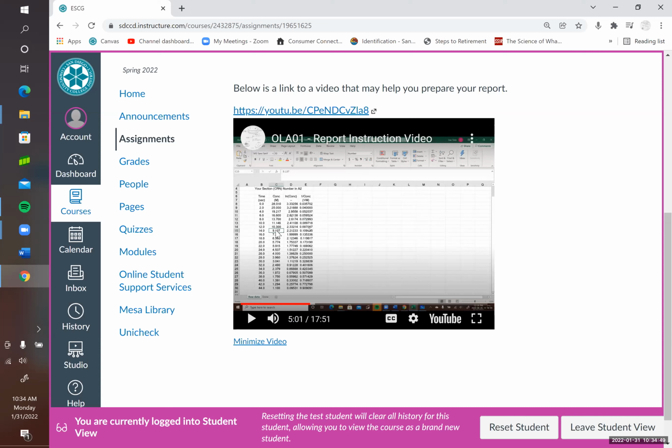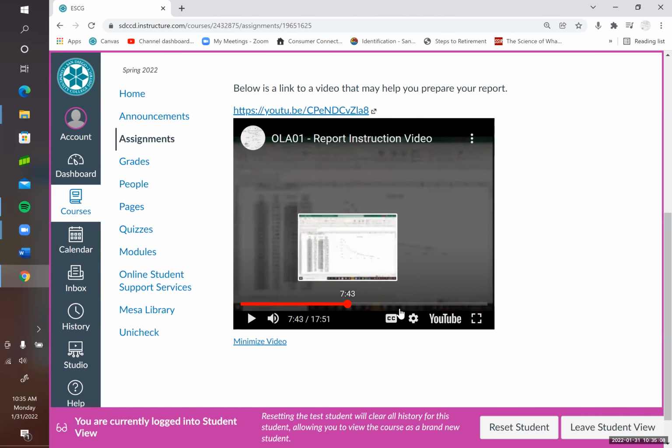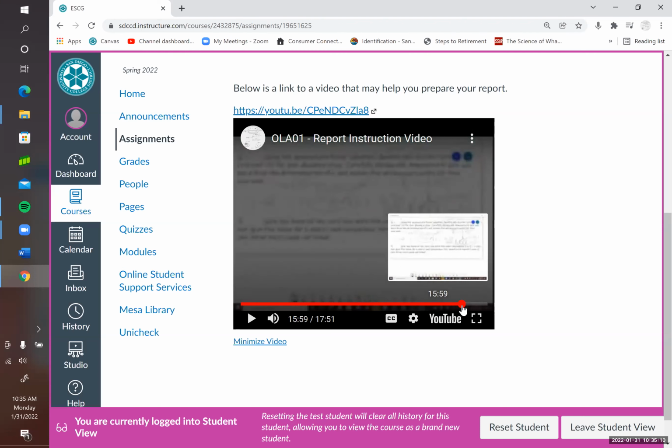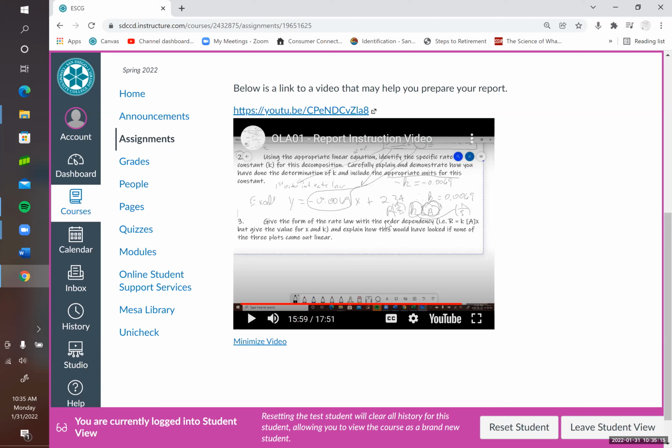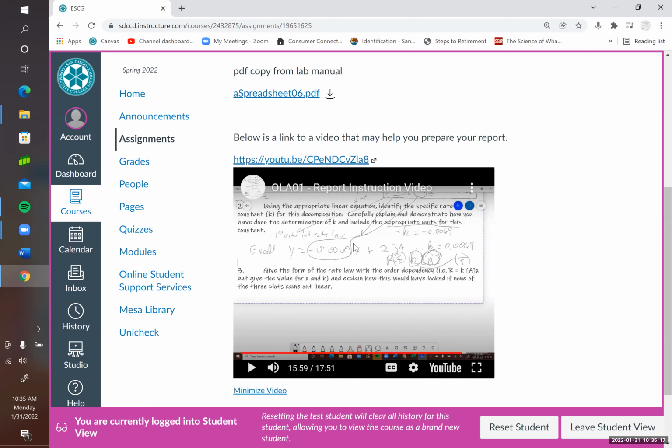And I talk about the significant figures here and how to make sure that your experimental data and your generated data reflect the number of sig figs appropriately, and so forth. And I talked through this whole video pretty much how to find the answers to all the different parts in your report.